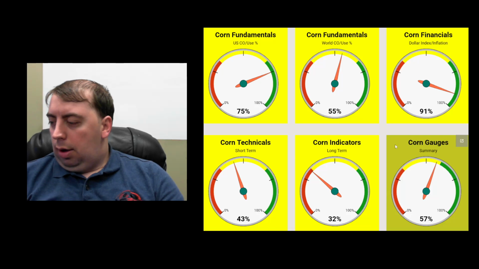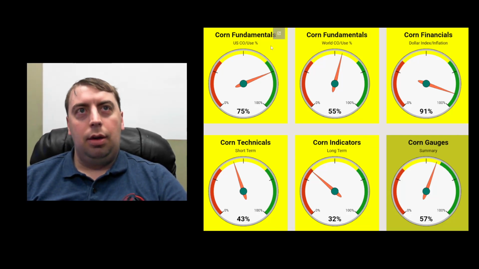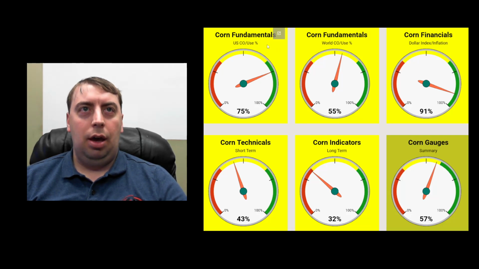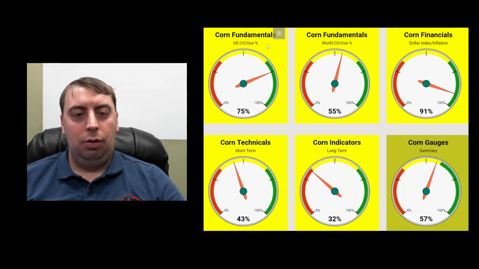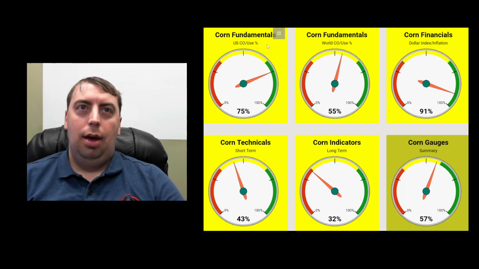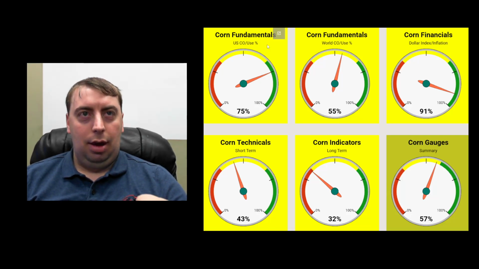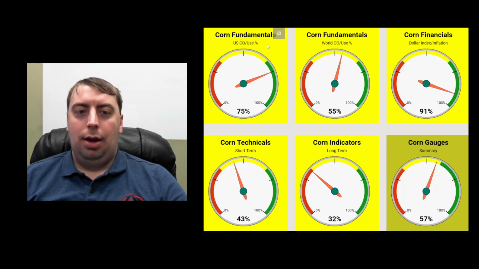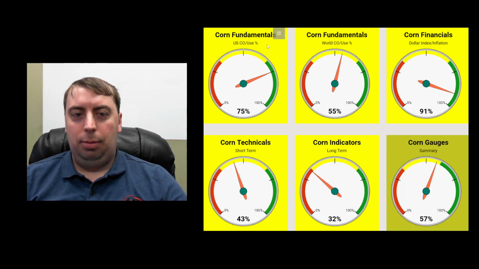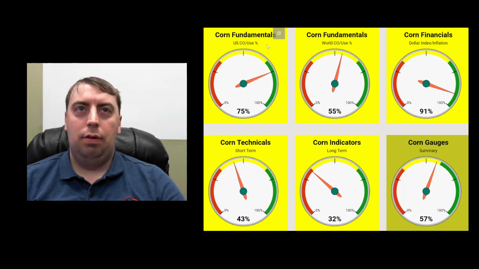So if you have more questions, we can dive into more detail on some of these. For the fundamentals gauge for US, this gauge reads the carryout to use ratio, which is basically a read of supply and demand for the US. What we do is compare today's carryout to use ratio and then look in the past at all similar carryout to use ratios for a past number of years.